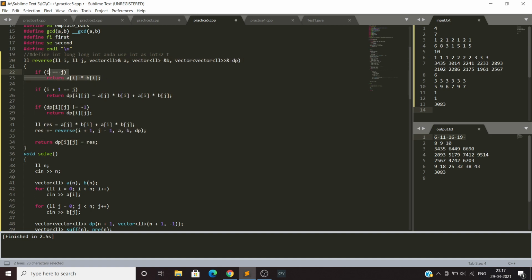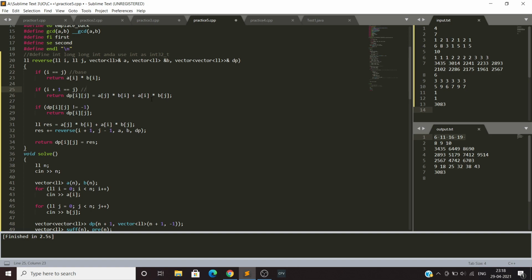This is the very basic base case. If i equals j, we are left with only one index and we return a of i times b of j. Suppose i plus 1 is equal to j, so the two positions are adjacent.